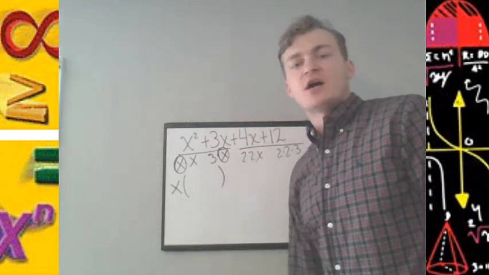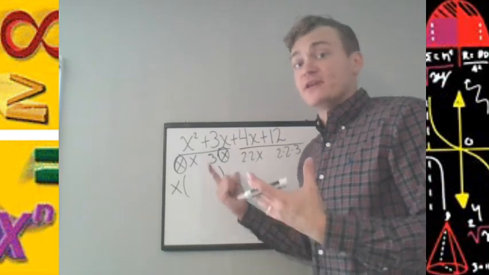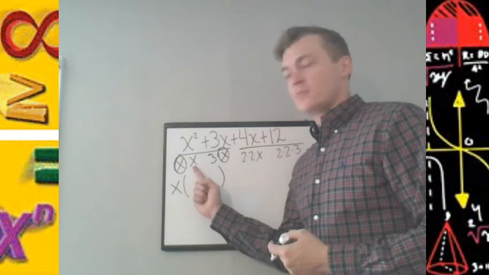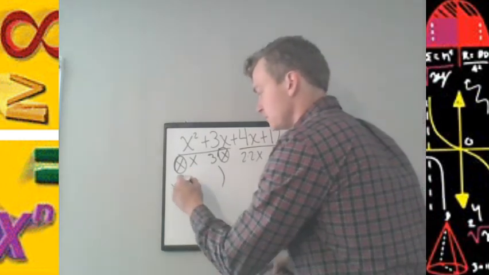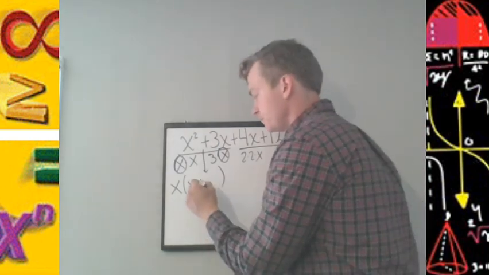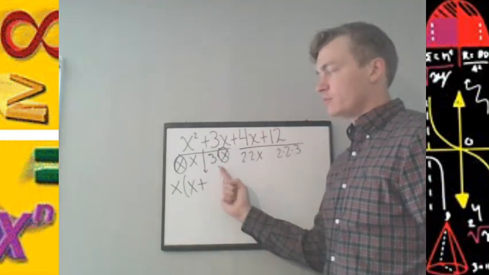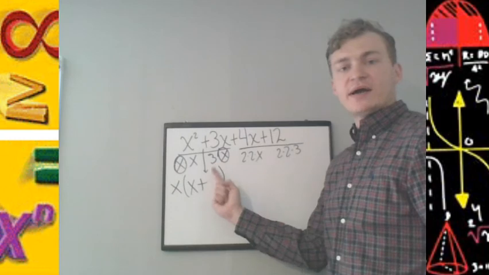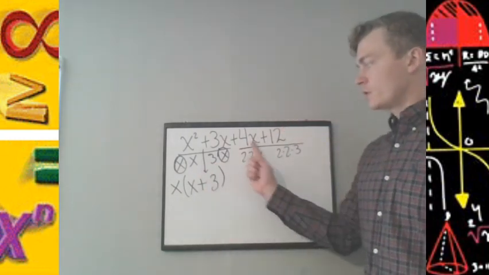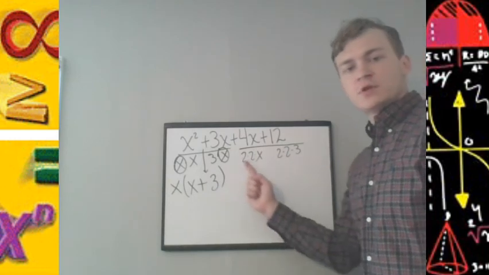When you factor out the common factor of x, or in this case, our greatest common factor, what do you leave behind? For this first term, you leave behind an x, our plus sign. And for our second term, when this x gets moved out front, we leave behind a 3. For these terms here, so we have this plus sign.